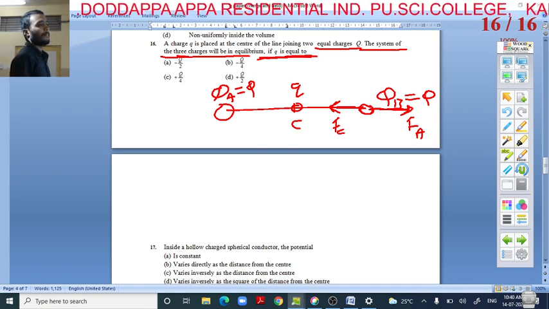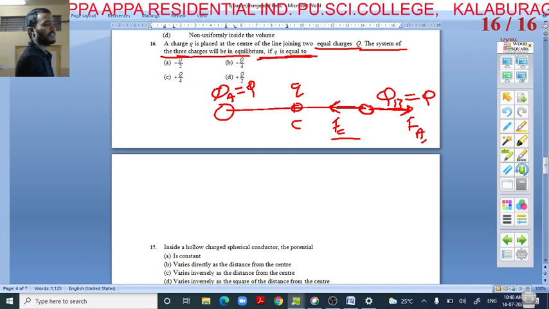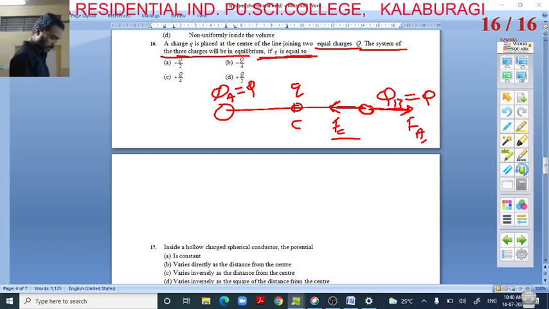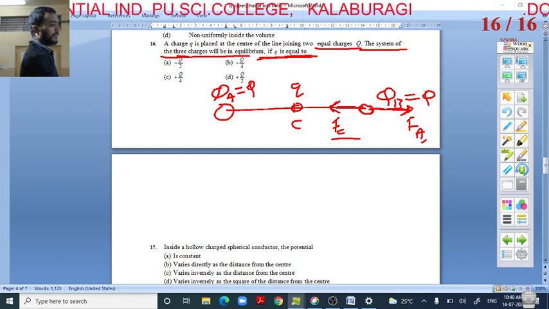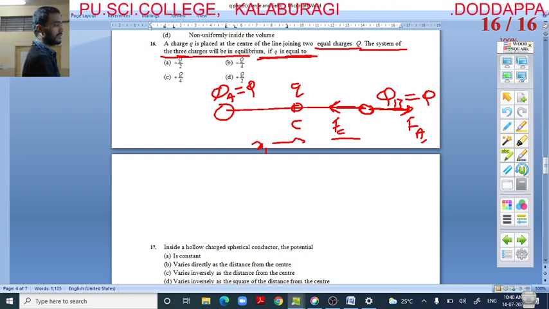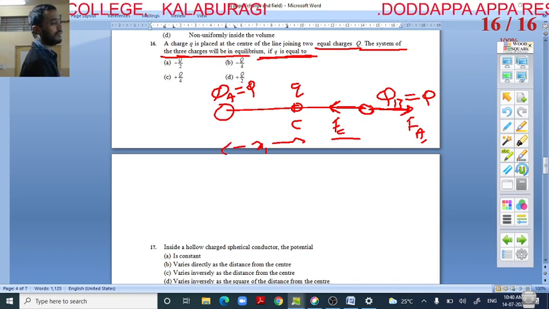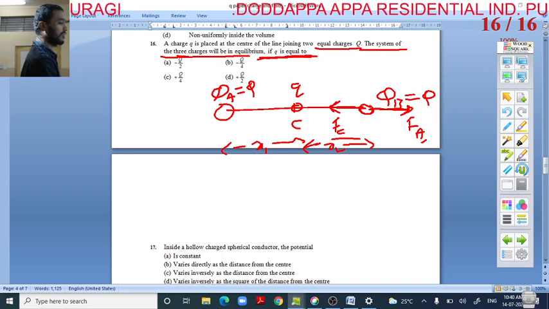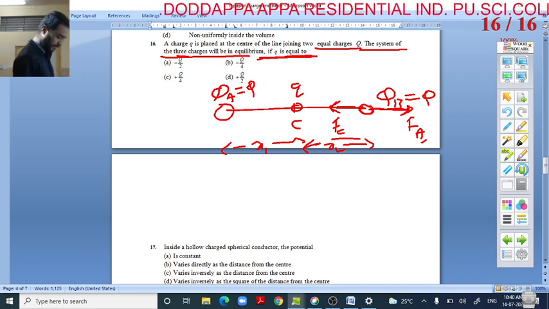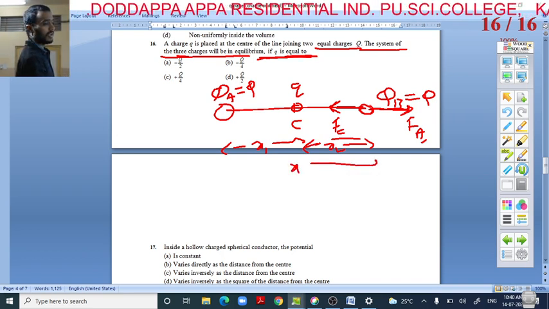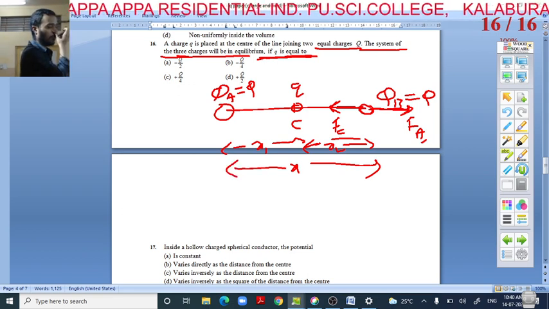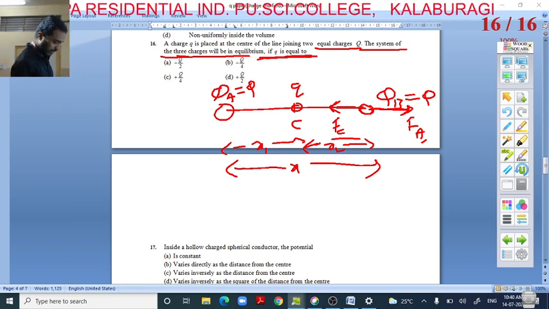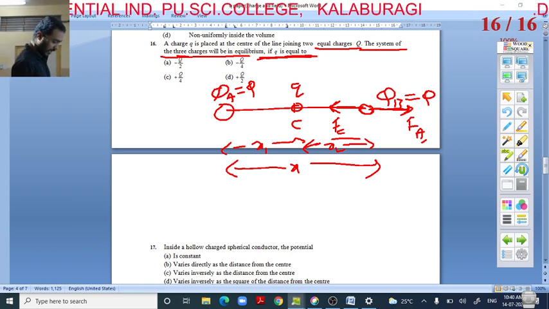Okay, this is FA, this is FA. Now I will specify the distance. This is x1, this is x2 distance I will take for the calculation purpose. Total distance x I will take from A to B.